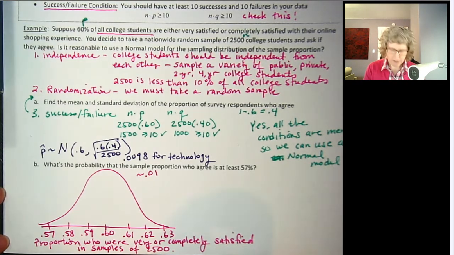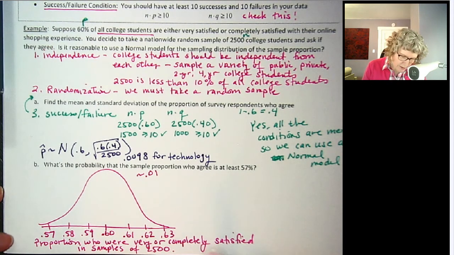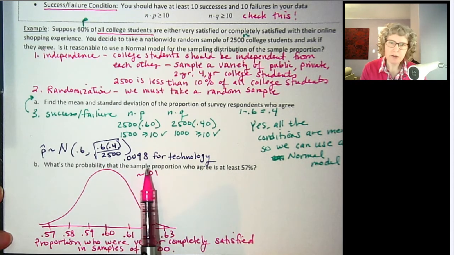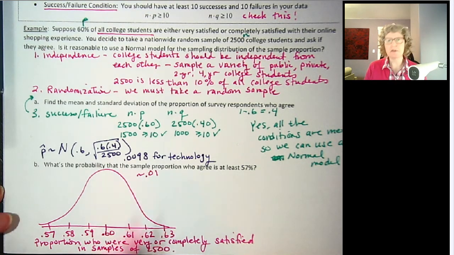That reminds us of the sample size, and it also reminds us that this is the distribution of all the possible random samples. Sample size is important because that's going to change the graph. Our sample size determined our standard deviation, and so if we have a different sample size, we would have a totally different graph.